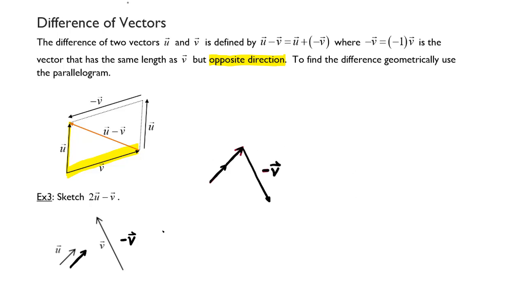If I connect the initial point I started at with the final displacement location over here on my negative vector v, I will have my new displacement vector given here. So this is the vector 2 times the u vector minus the v vector.